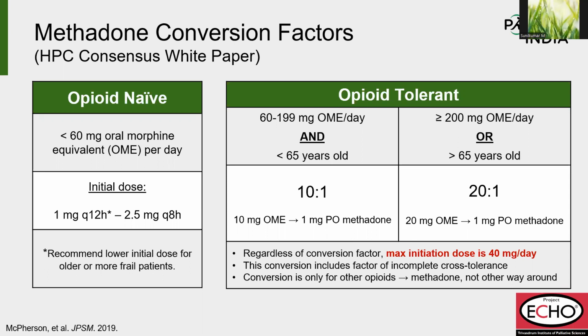If you look at the literature, there are many methods by which you can convert an opioid to methadone. But I think this will be the simplest method, which came as a result of consensus of hospice and palliative care people, and this was published in Journal of Pain and Symptom Management in 2019.